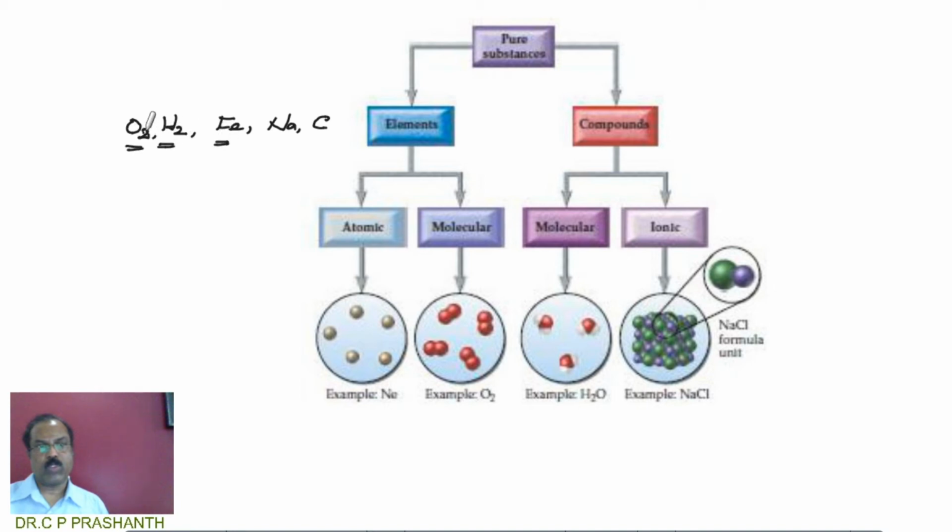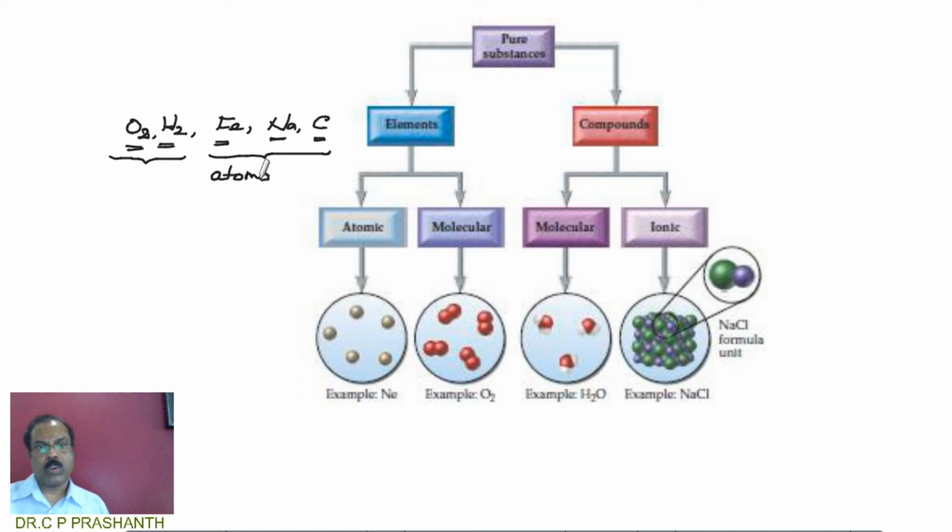You can see oxygen is made up of oxygen atoms, hydrogen is made up of hydrogen atoms, iron made up of iron atoms, sodium is made up of sodium atoms, carbon is made up of carbon atoms. But there is a difference between these two elements and these elements. The difference is these elements are made up of their atoms.